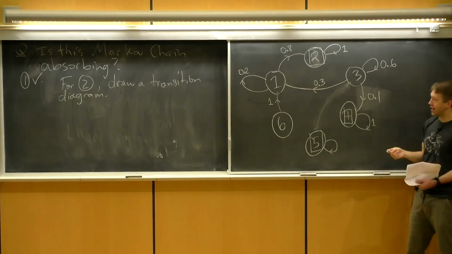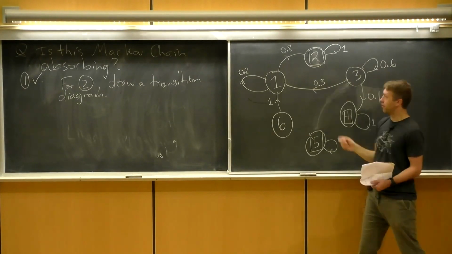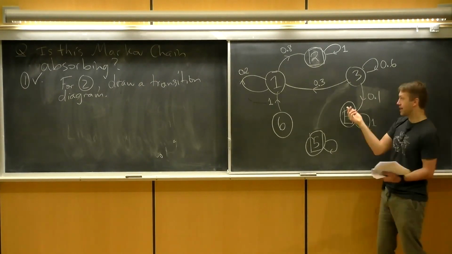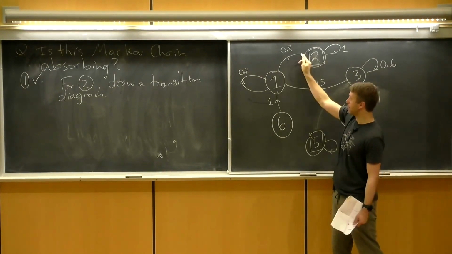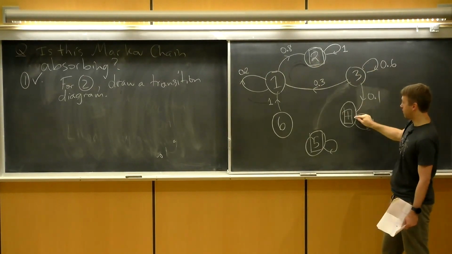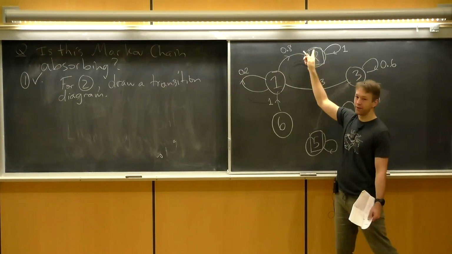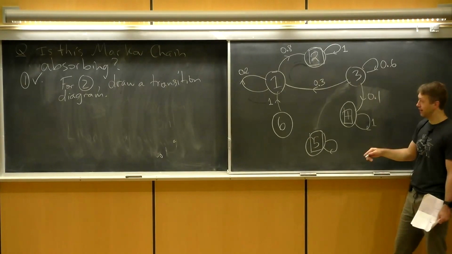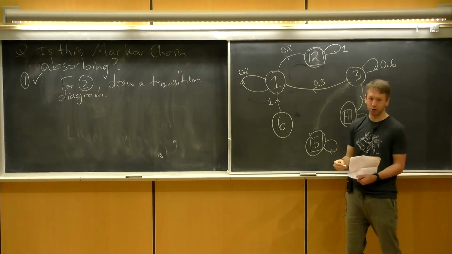And I need to check, is it true that 6, 1, and 3 can all eventually reach some absorbing state? In this case, it is true. Because 1 can go directly to 2 if you follow the arrow. 3 can go directly to 4, or it could go to 1 and then to 2. So it can get to 2 different absorbing states, which is fine. 6 can go to 1, which can go to 2. So everybody can get to an absorbing state.